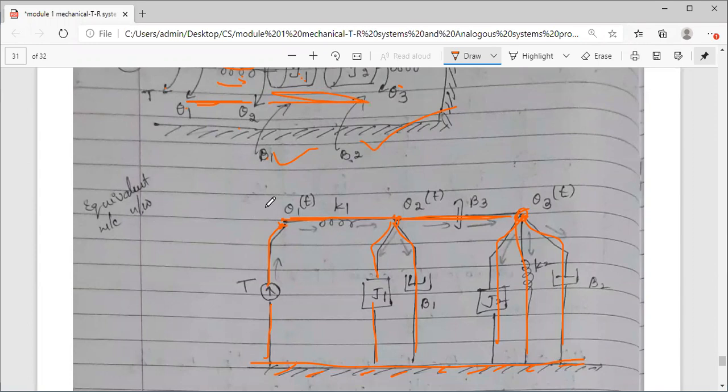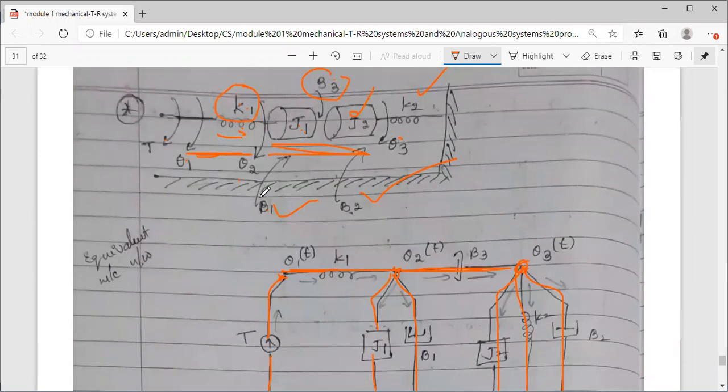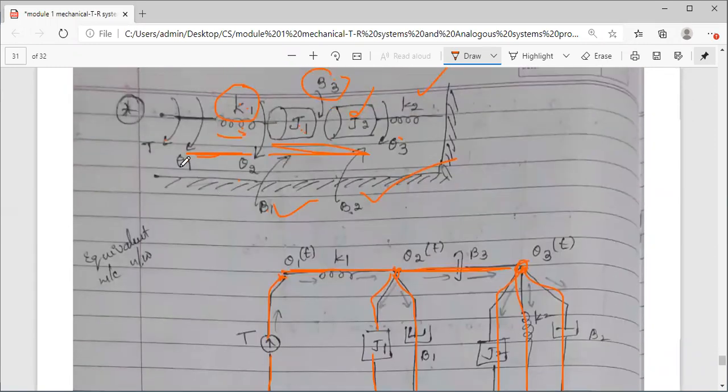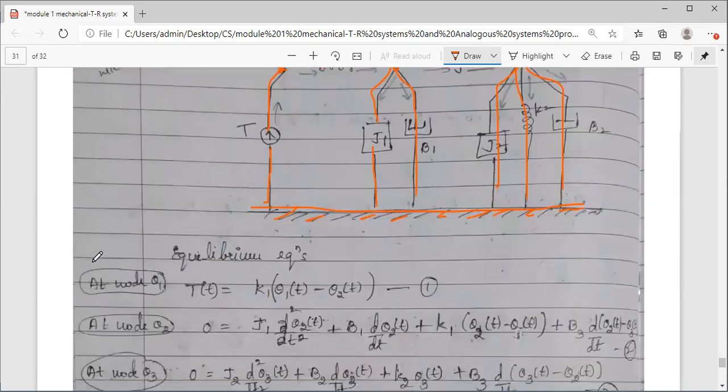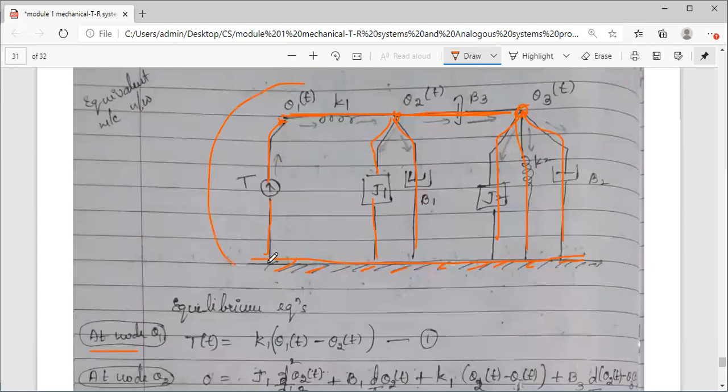Once we did this, we'll go for equilibrium equations; torque equations we will write. Coming to the first term, you can go for a free body diagram and analyze and write, no problem, or else directly we can go for it. At the theta 1 node, check how many elements are connected. At theta 1 node, you have a torque, no other element, and K1, but it is shared.